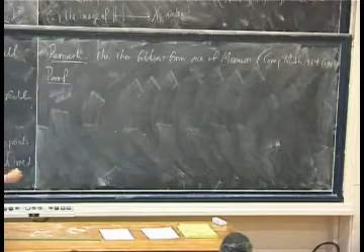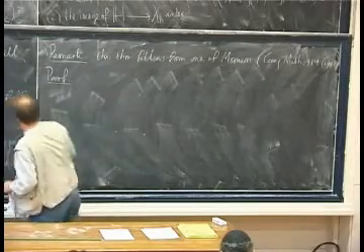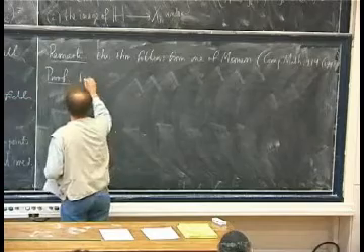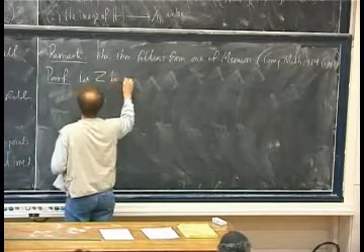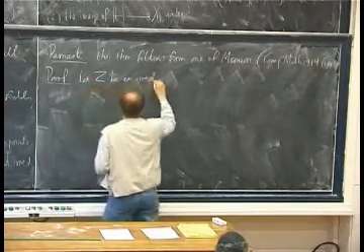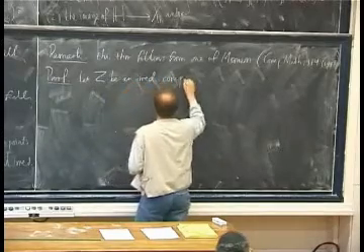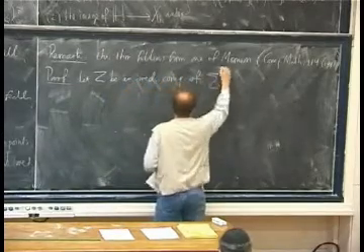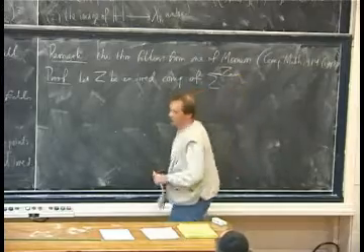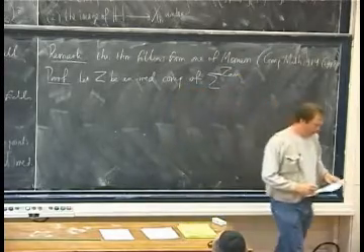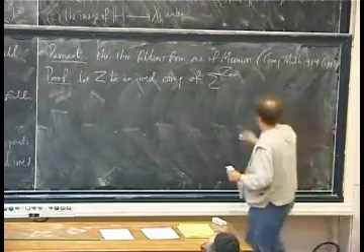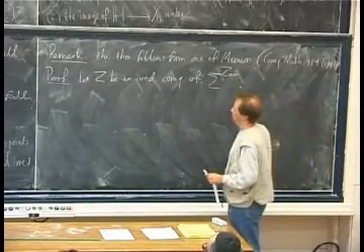So we're going to prove this last theorem. We pick Z, an irreducible component of this Zariski closure. Now we're going to look at the projections.